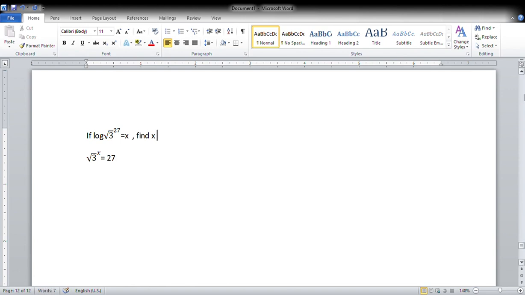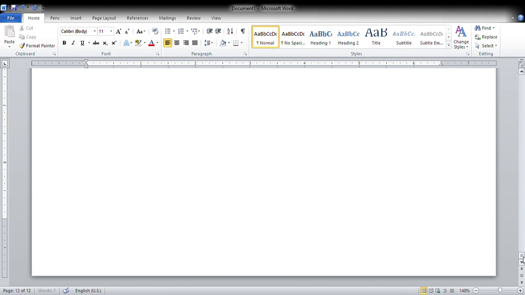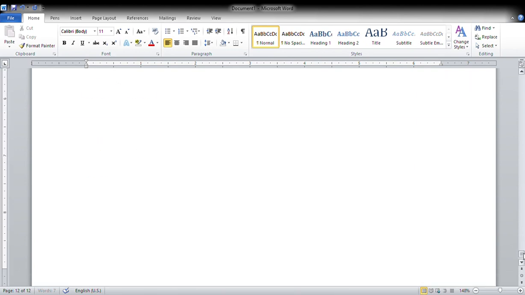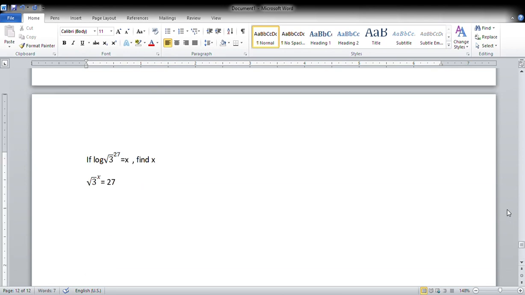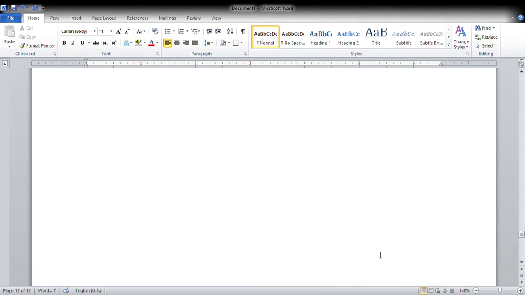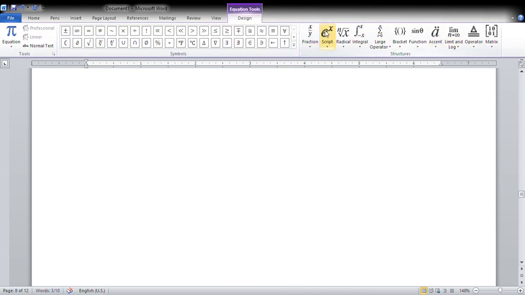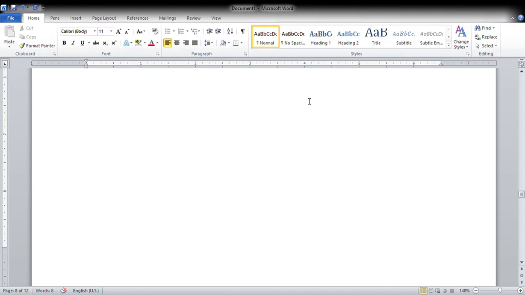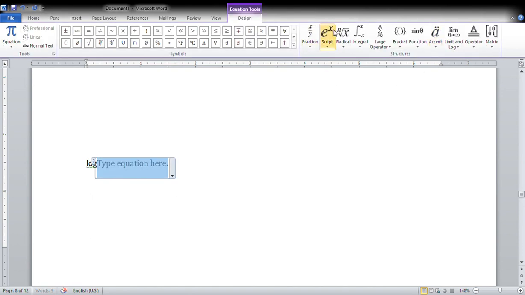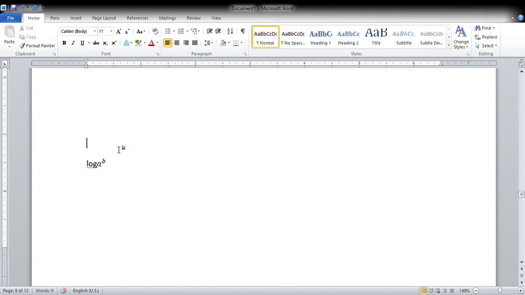I'm just giving you an example. Suppose it is given as log b with the base a is equal to x.